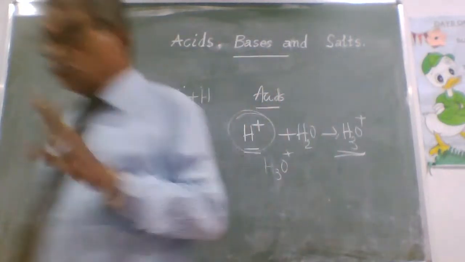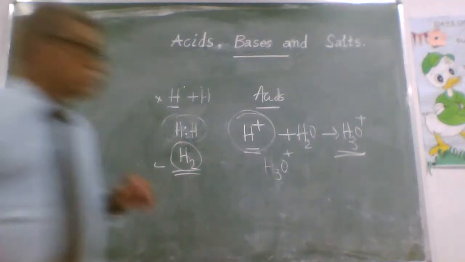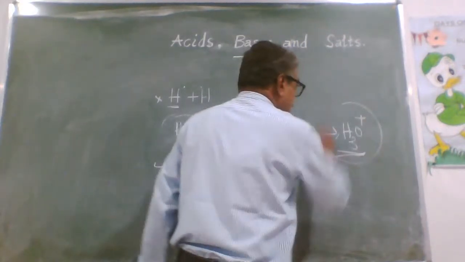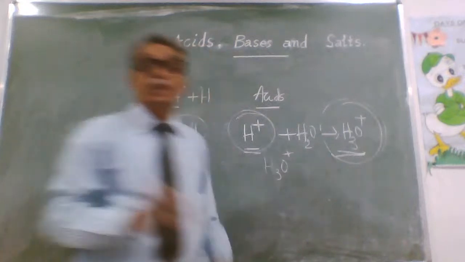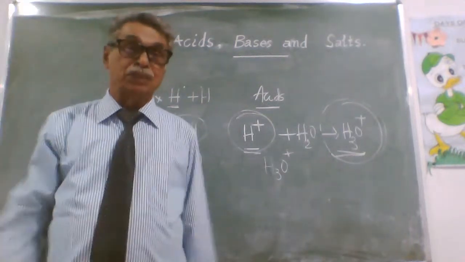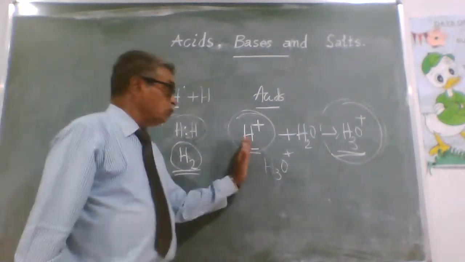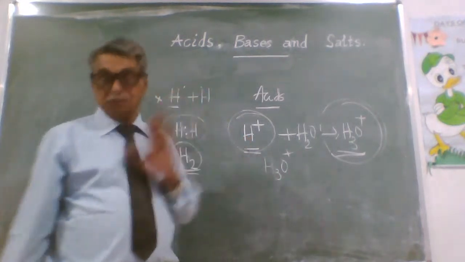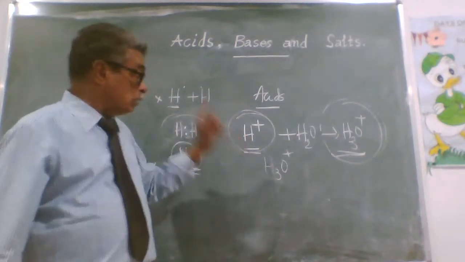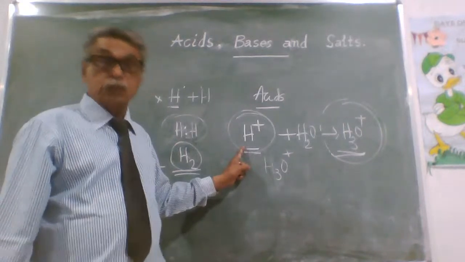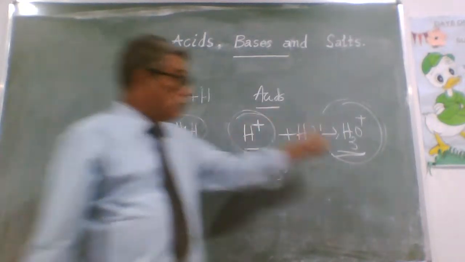This is the correct definition of acid. But this hydronium ion, it is not very easy to continue with that very long. So people even now define it as hydrogen ion. But you should know it is not hydrogen ion which is responsible for the acid character, but the hydronium ion.